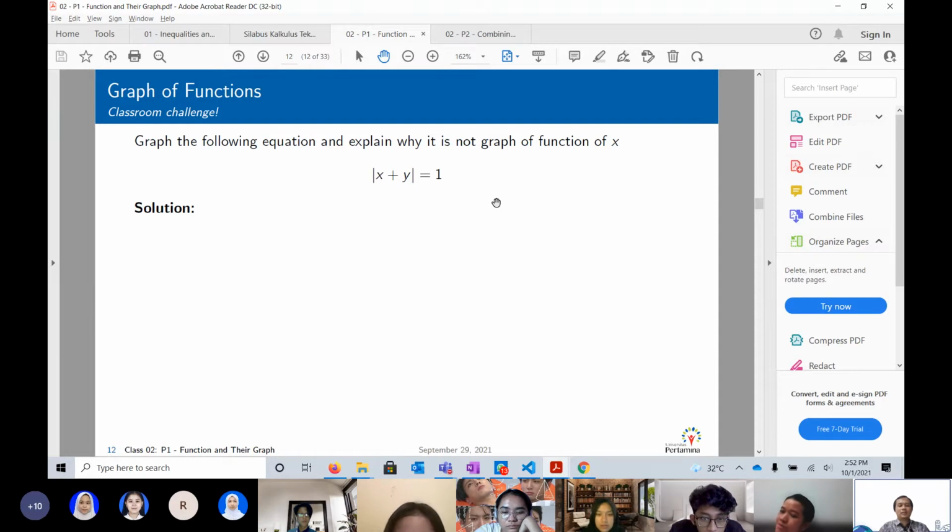Try to graph this equation and explain why it is not a graph of a function of x.